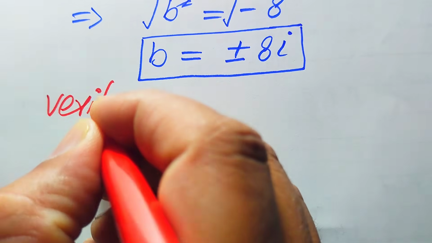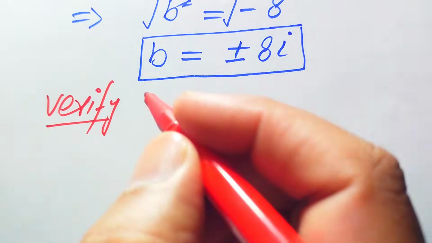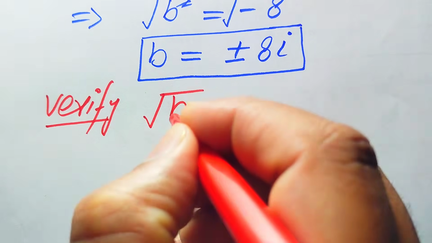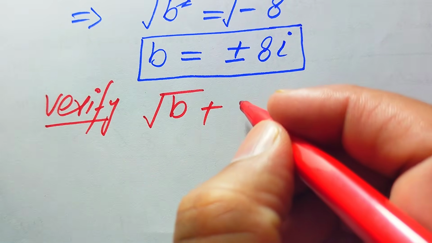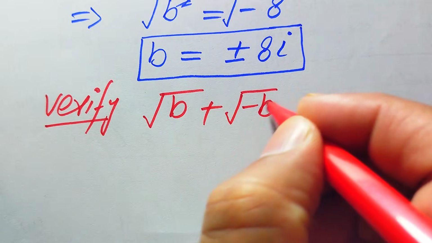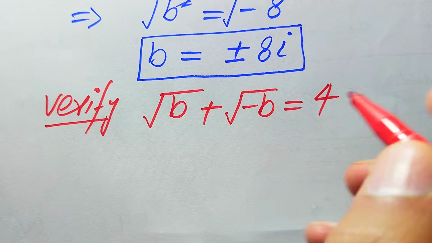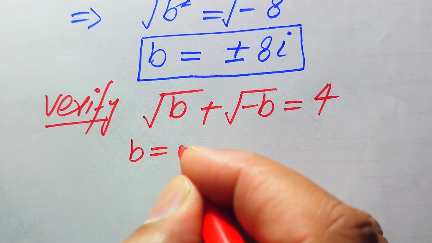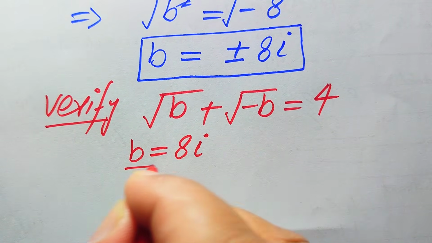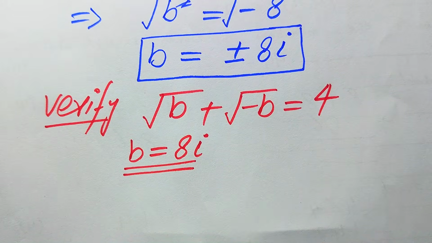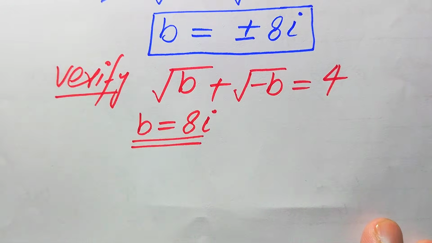For verification, we copy down the given question statement: √b + √(-b) = 4. First we choose b = 8 iota for verification, and I leave the verification of b = -8 iota for you to do yourself.